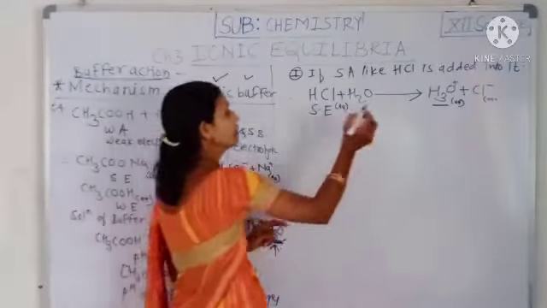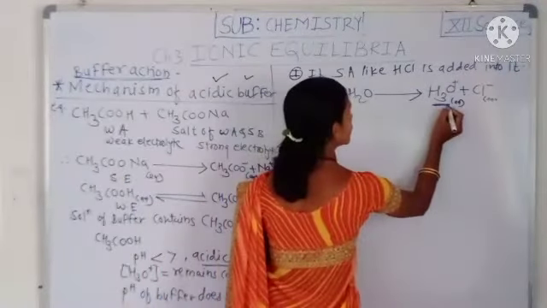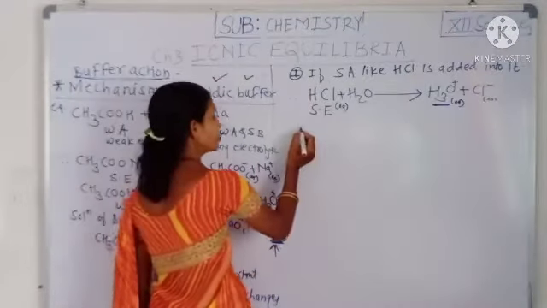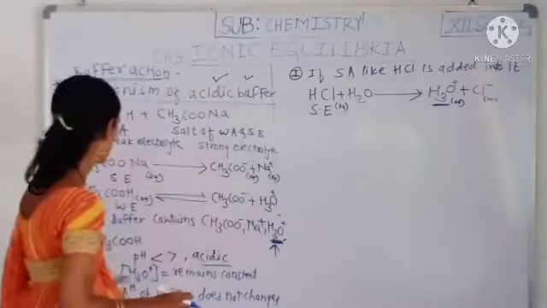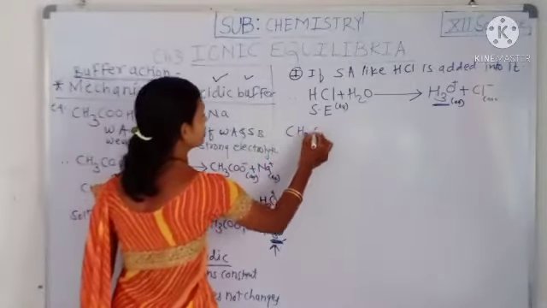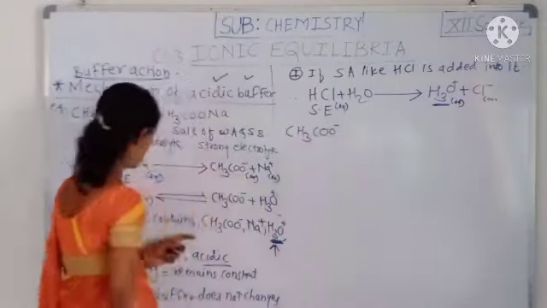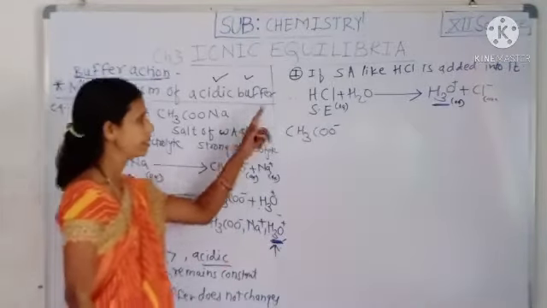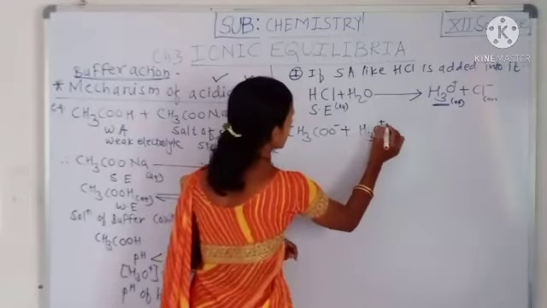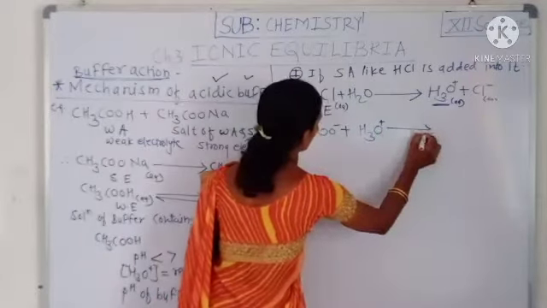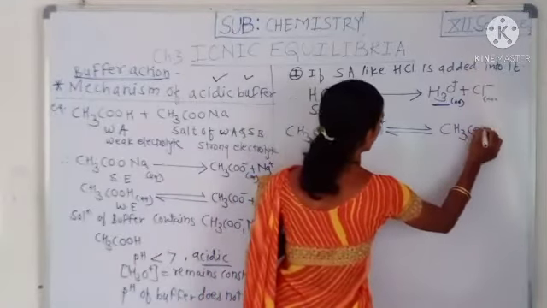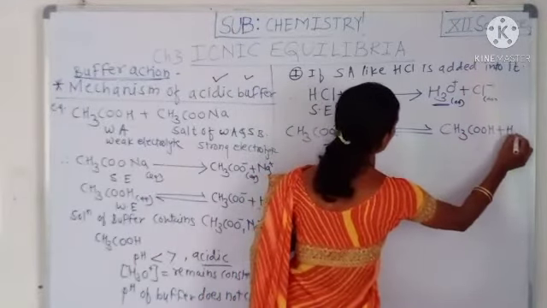Here the number of H3O plus ions increases, so the CH3COO minus present in the buffer reacts with the H3O plus ion, or H plus ion, and gives CH3COOH plus H2O.